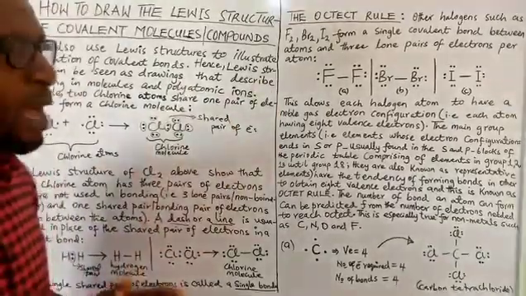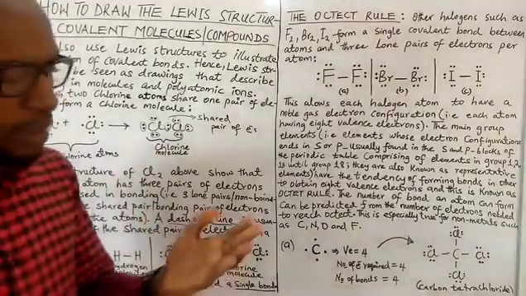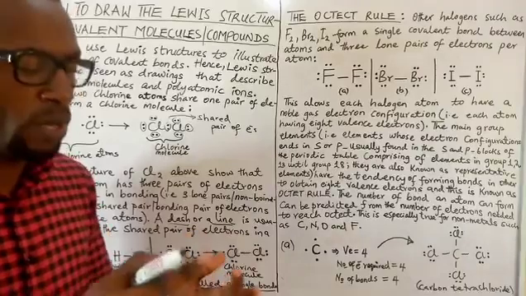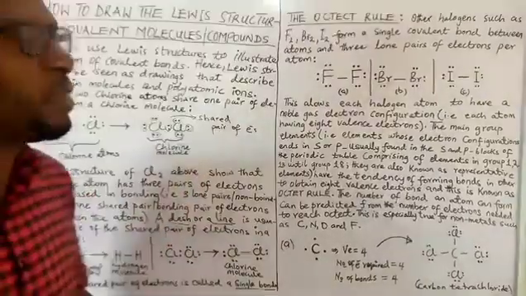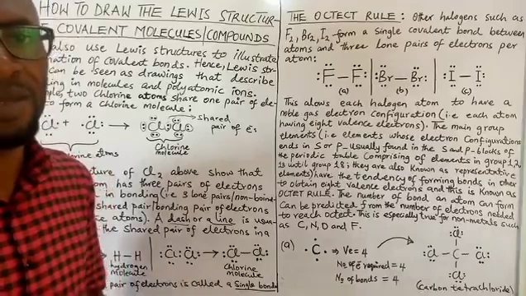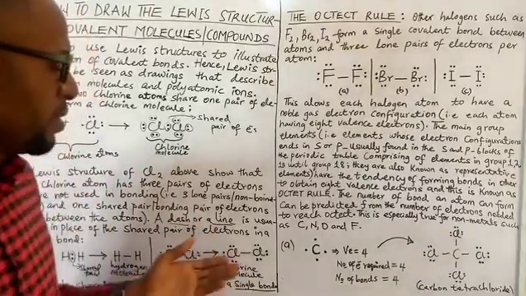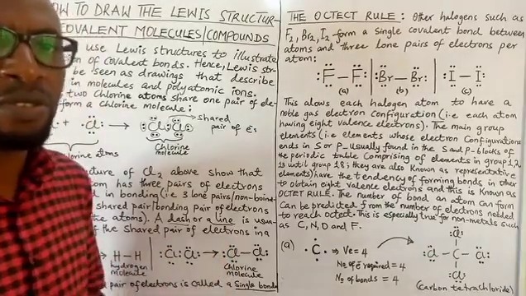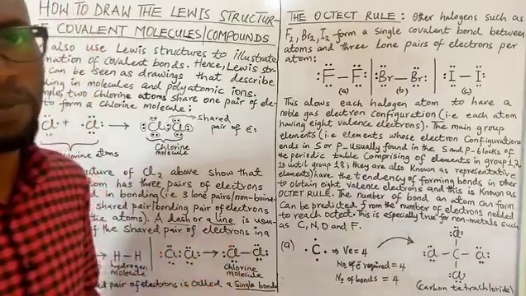Going forward, I'm going to show you examples of covalent molecules that were made to have double and triple covalent bonds. But for now, we're still going to pay attention to understanding the essence of the bond formation, or the essence of the rearrangements in the valence electrons to form a given covalent molecule.